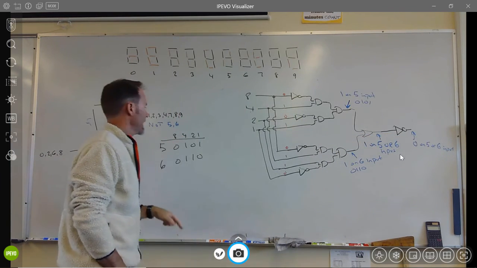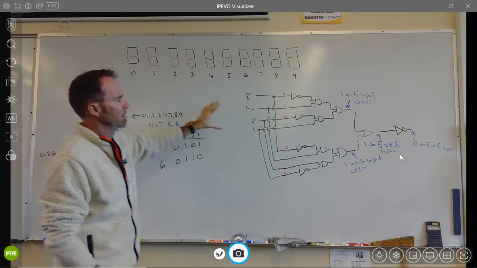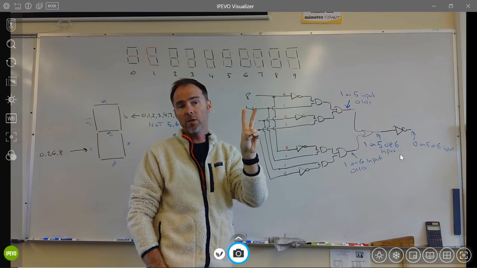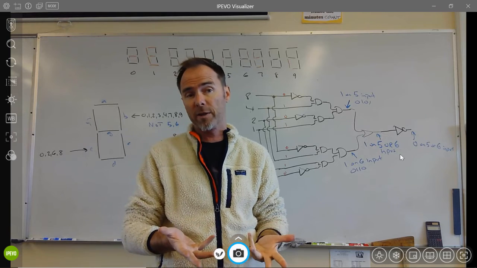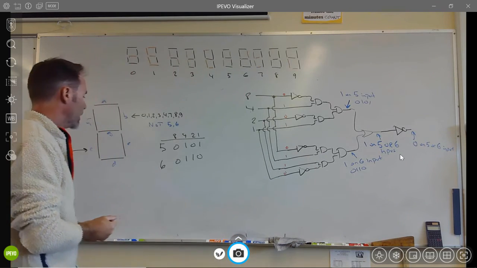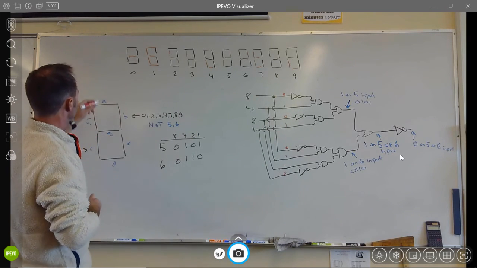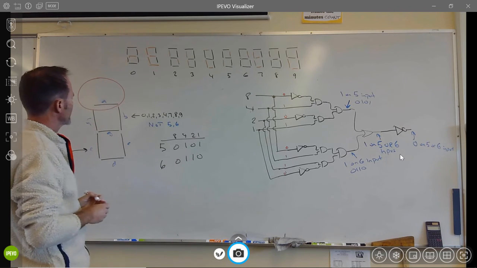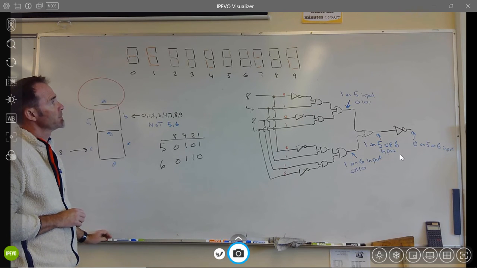So instead of having 1, 2, 3, 4, 5, 6, 7, 8 of these little clusters of circuits, now I had only 2. So I reduced the number of transistors quite a bit. I simplified my circuit just by knowing that. Okay, so for your homework assignment, you have to make a circuit to light up the A segment at the appropriate times.